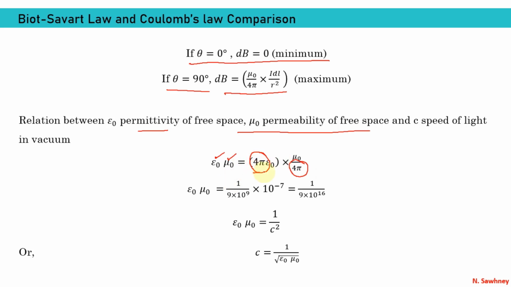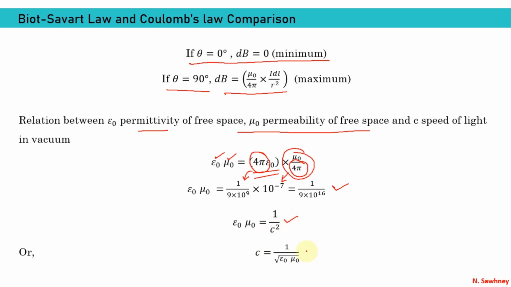But 4 pi epsilon naught value is 1 upon 9 into 10 raised to the power 9. This we are aware of from the electrostatics chapter. And mu naught upon 4 pi, we have just studied that its value is 10 raised to the power minus 7. Multiplying the two, we have obtained 1 upon 9 into 10 raised to the power 16, which is nothing but the square of the speed of light in vacuum.